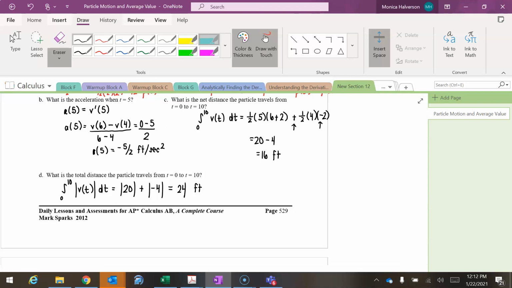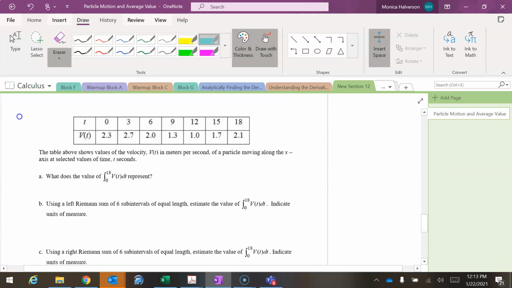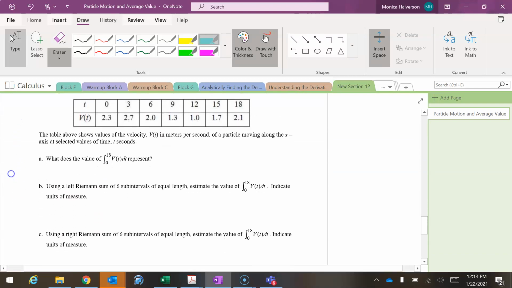All right. So the last thing we're going to talk about today is in terms of a table. The table above shows values of the velocity in meters per second of a particle moving along the x-axis. What does the value of the definite integral from 0 to 18 of v of t dt represent?